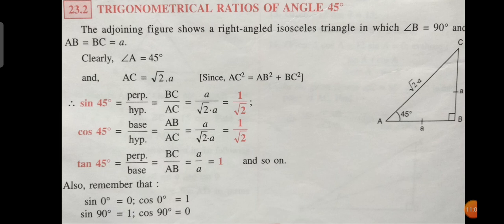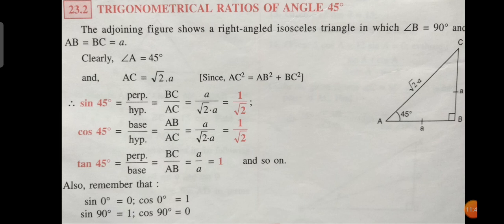Two sides are equal, each A, and one side is root 2 into A. That root 2 into A is found from AC square is equal to AB square plus BC square, using the Pythagoras theorem.